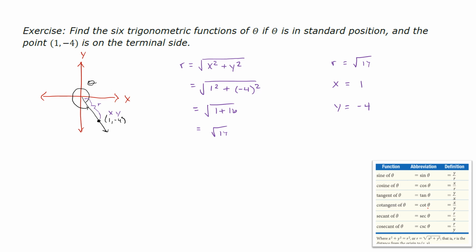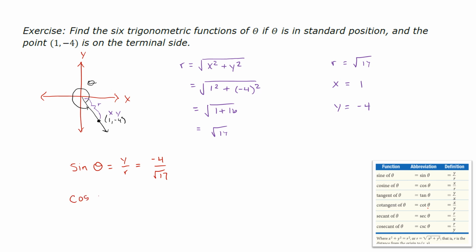Since we know every side of our triangle, we can use these values to write the ratios for each of our 6 trigonometric functions. Sine of theta is y over r, which equals -4 over the square root of 17.